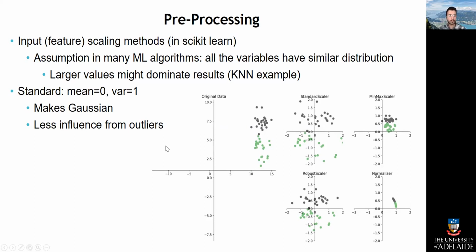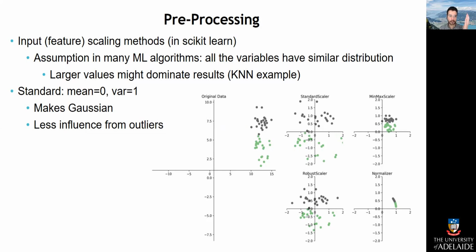Standardization basically tries to make the distribution of your data Gaussian, independent on every single variable, which means you're going to have less and less influence from the outliers or from large-valued variables. You don't let them dominate your decision, because that's not a good thing most of the time.